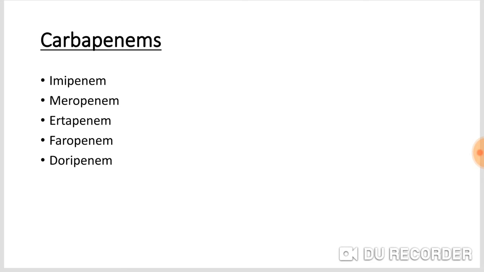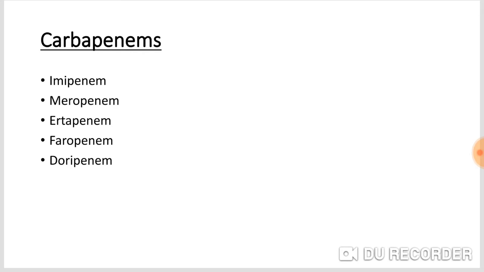So what are the drugs which are included in the carbapenems group? These are imipenem, meropenem, ertapenem, foropenem and doripenem.